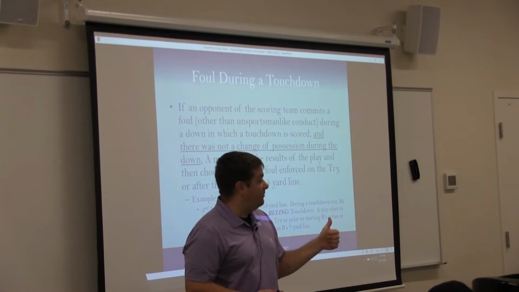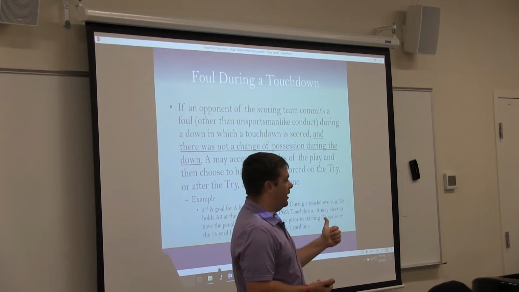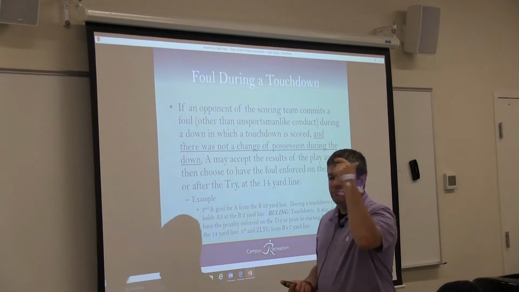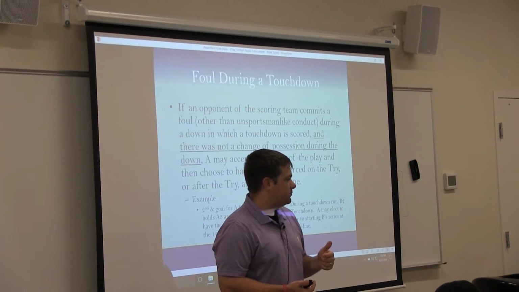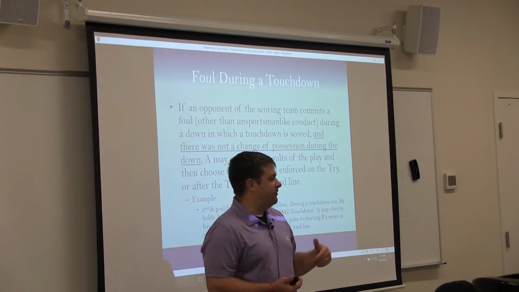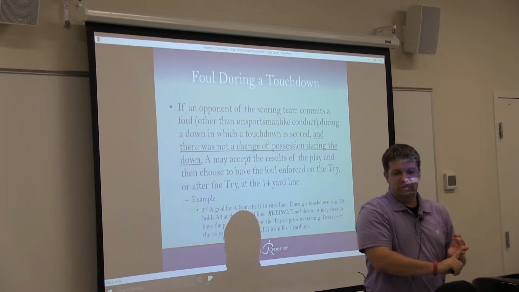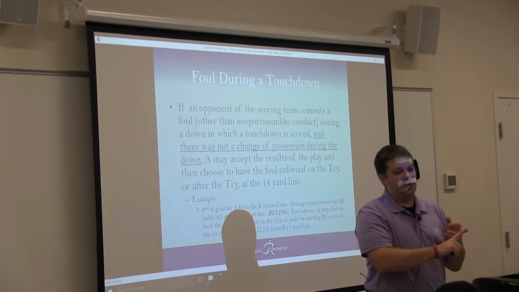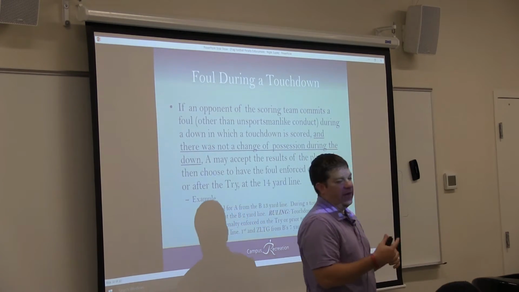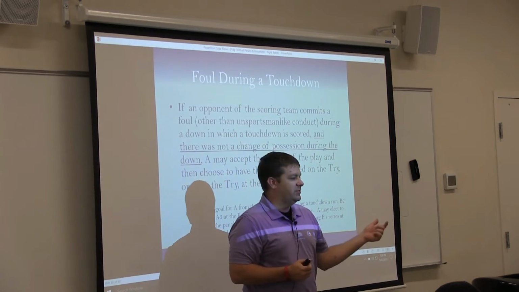They can take that penalty on the try, the 1, 2, or 3 point try, or they can take it when the other team gets the ball from the kickoff. If they take it on the try, they go half the distance from the 3, the 10, or the 20. If they take half the distance on the 20, just put it on the 10. If it's from the other two, just count out 5 or count out 1.5 yards. If they back them up, they go to the 7-yard line instead of the 14.